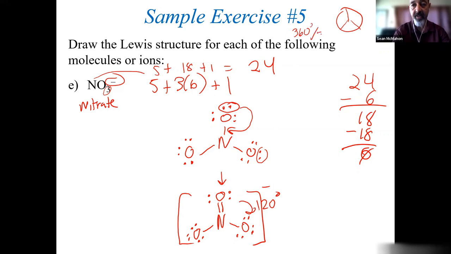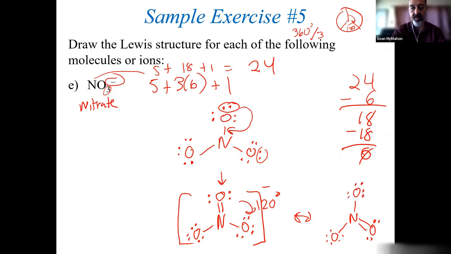When I divide that by 3, this central angle is going to be 120. So if I rotate 120 degrees, like this, I'm going to get a resonance structure where now the double bond is over here, and I've just moved everything else over.